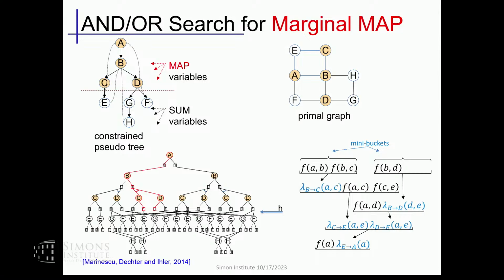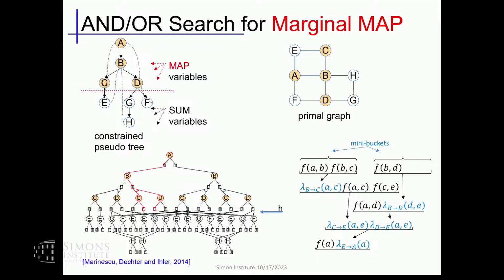Marginal MAP is known to be one of the most difficult queries, because you have variables that you want to optimize and variables that you need to sum over, which restricts the set of pseudo trees that you can use and causes trees not to be trees, as we saw in the example yesterday.